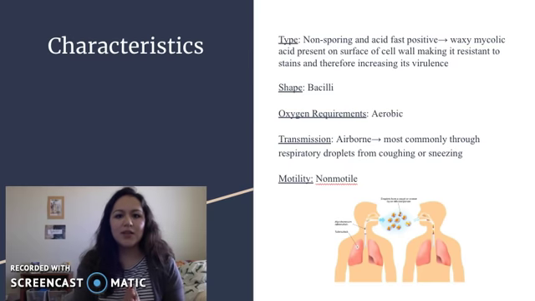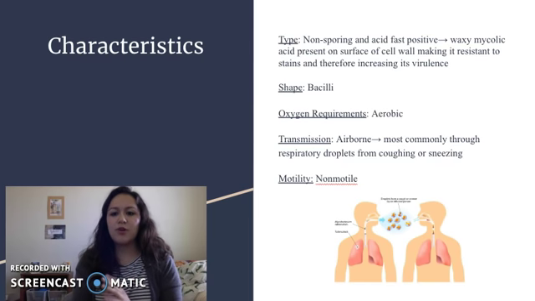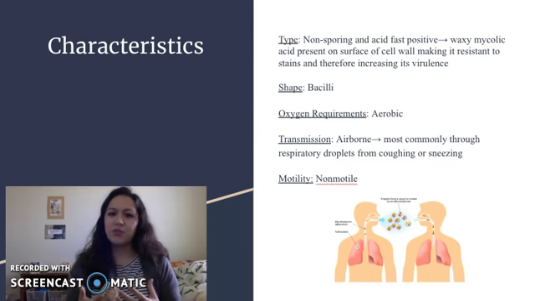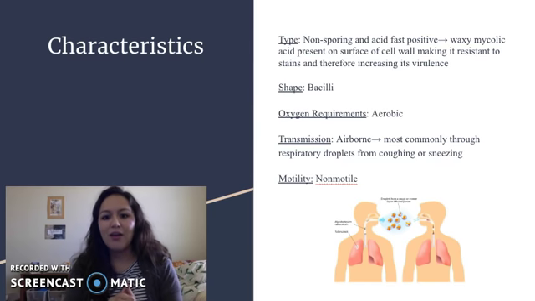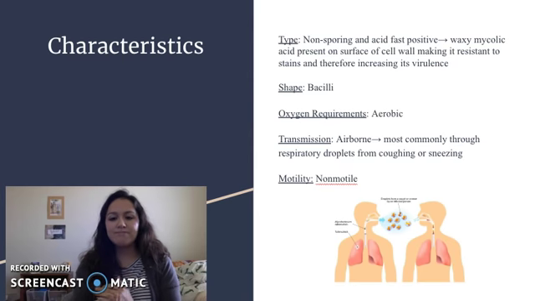The shape of the cell is bacilli, so it's a rod. The oxygen requirements are aerobic, which later on, when I explain the symptoms, it actually makes a lot of sense, because the disease occurs mostly in your lungs, and that's where there's a lot of oxygen. And transmission is airborne.